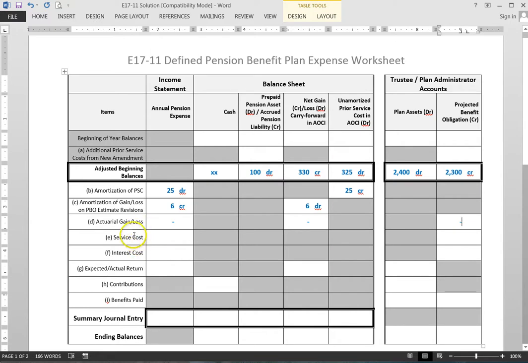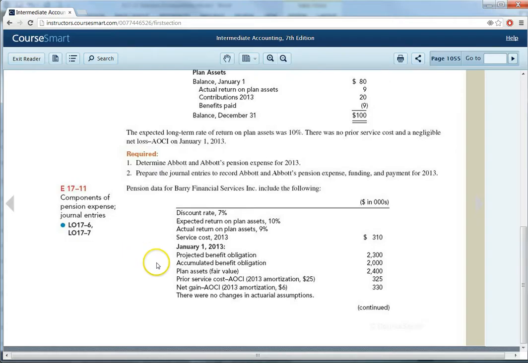And then once we've done some of these issues that relate to prior periods, amortization of prior service costs, amortization of existing gains and losses, any actuarial gains and losses, now we kind of move on to what's really happening this year, service cost, interest costs, and so on. So we need to identify what our service cost is for the period.